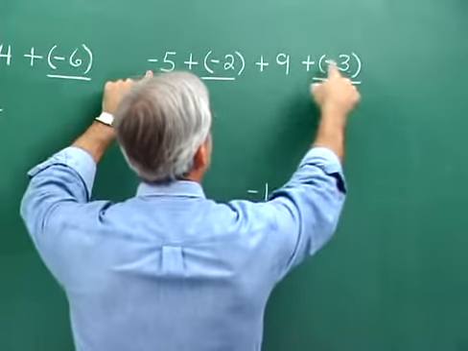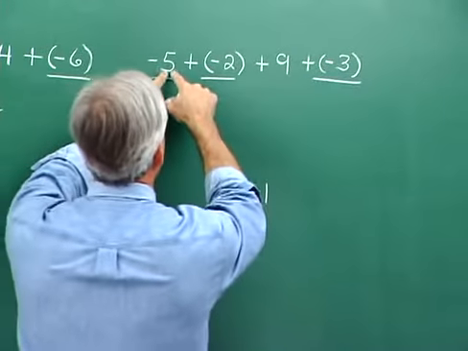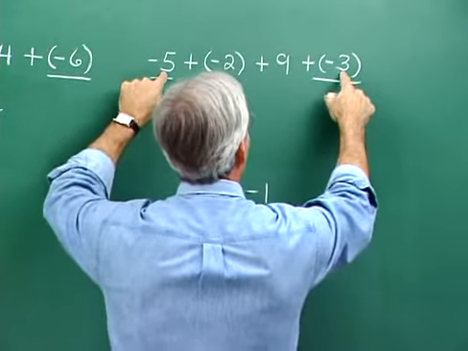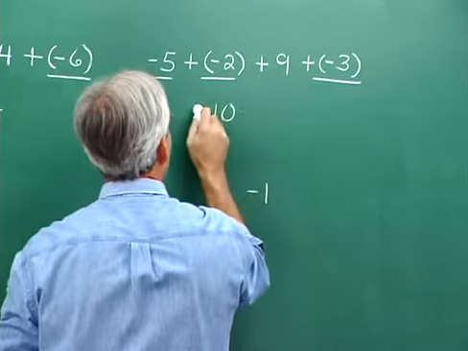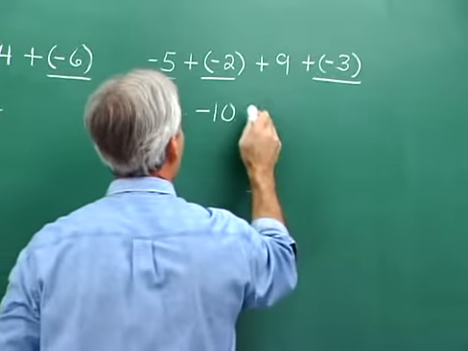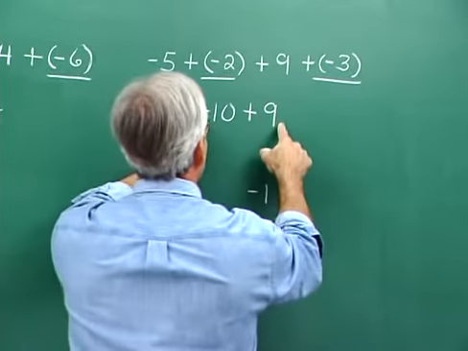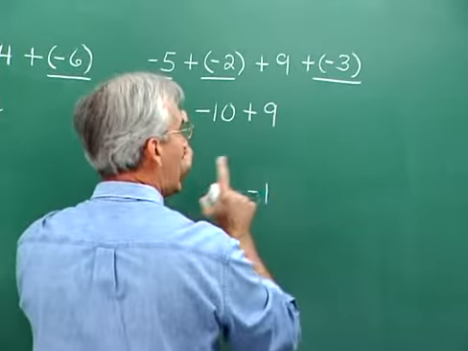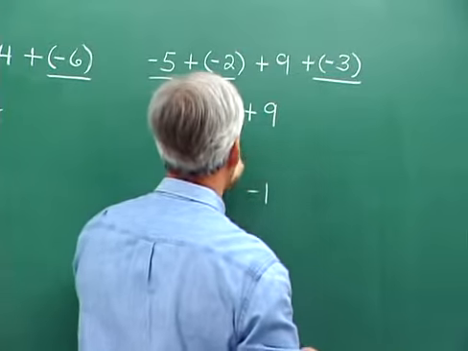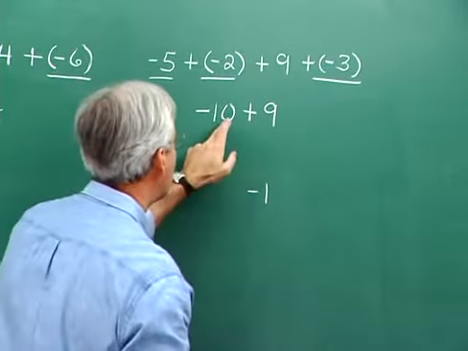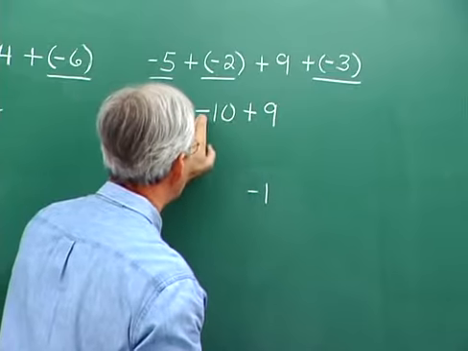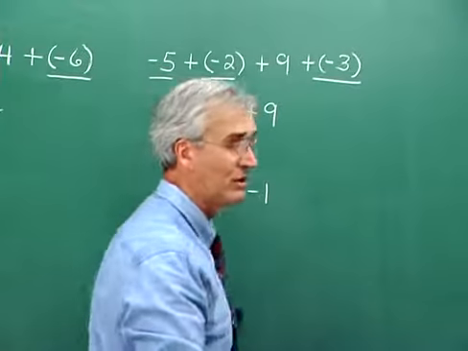But the signs are the same on all of these, so we're going to add digits. 5 and 2 is 7, and 3, 10. So we have 10, and the common sign is negative, and we bring down the item we didn't work on. And now collecting these two, we have positive and negative. Oh, we want the difference. 9 from 10 gives 1, and the sign of the larger is negative, so negative 1 as expected.